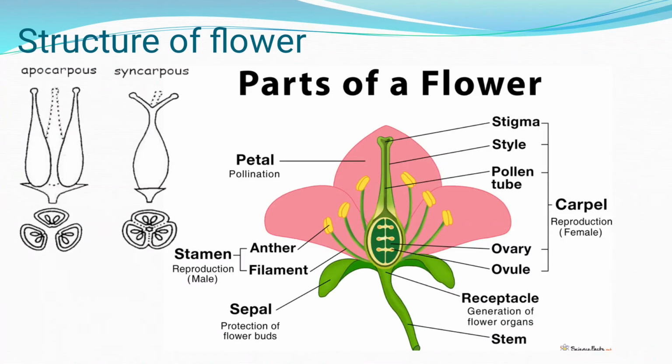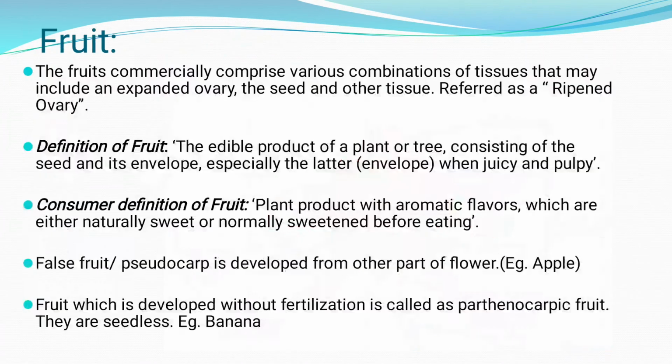Syncarpous means they have various ovaries attached to each other, a single carpel having multiple ovaries, whereas in apocarpous multiple carpels are present, with multiple ovaries. So this is a simple structure of flower.